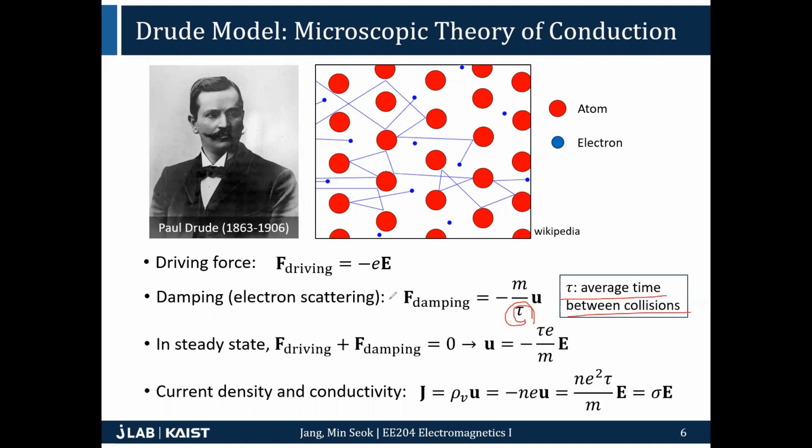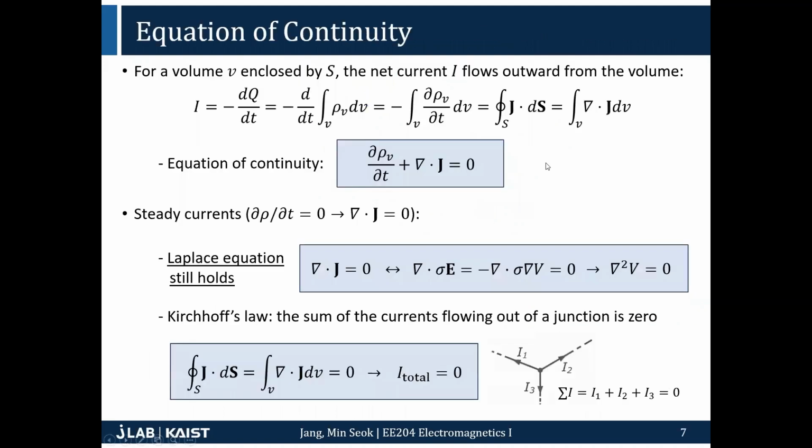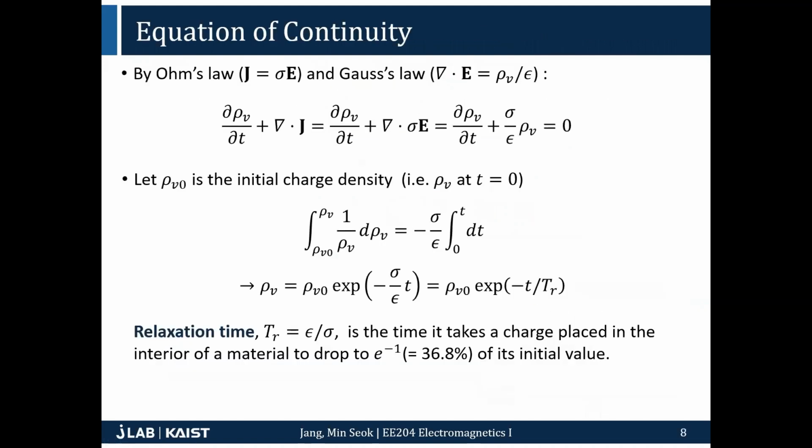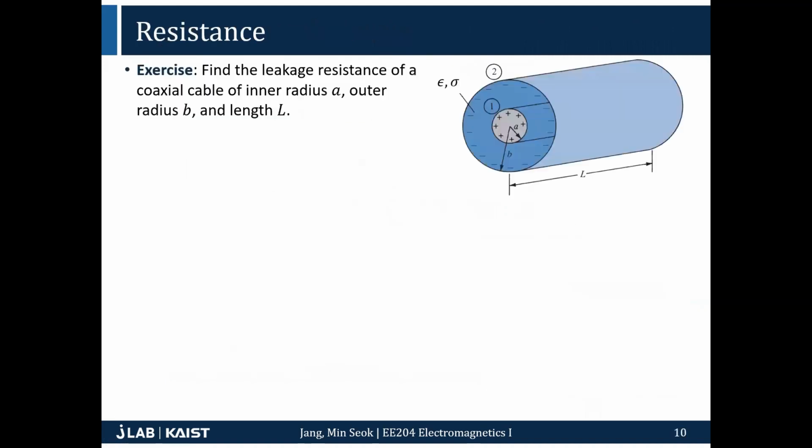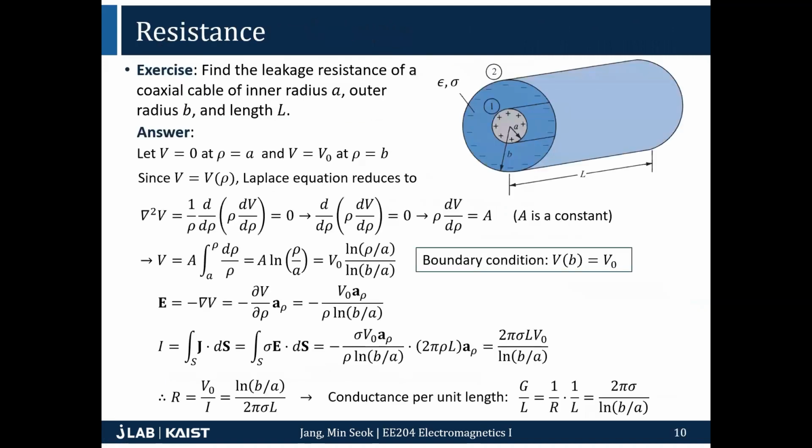And Park Jun asks, in the last example, since current flows from the inner cylinder to the outer cylinder, does the charge of the inner cylinder slowly decrease? No. This is another thing that you can easily be confused about.